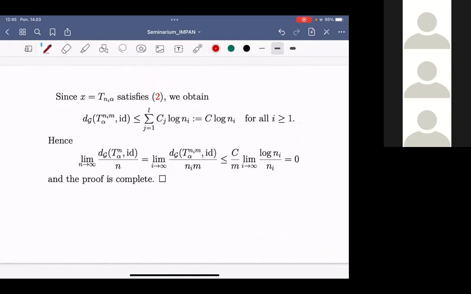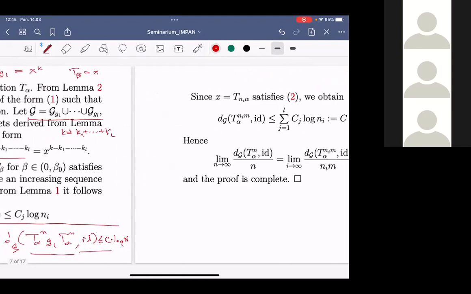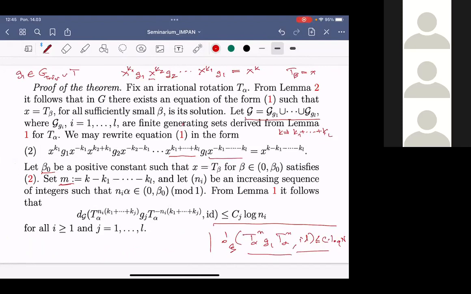firstly, we can put x equal to t n I alpha, because n I alpha was between 0 and beta 0. Therefore, if we take this, this will be the right hand side. This will be just t alpha ni k m, just m.